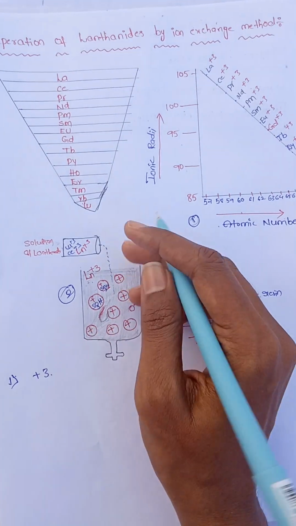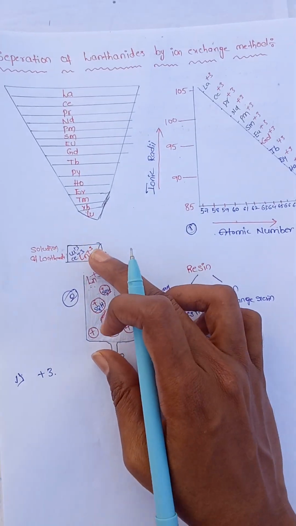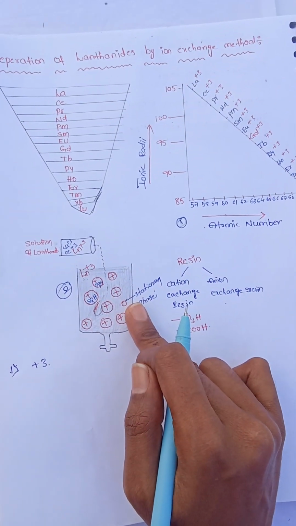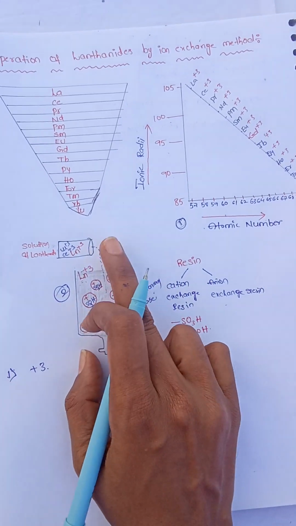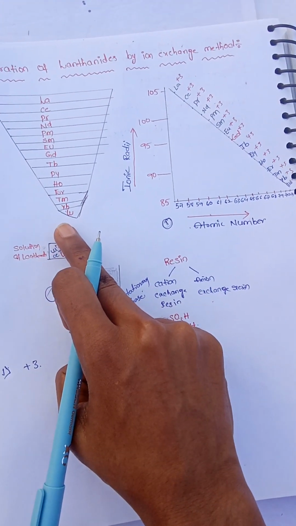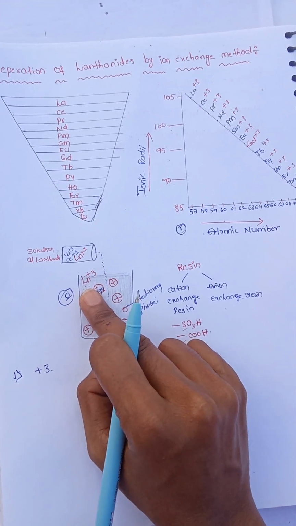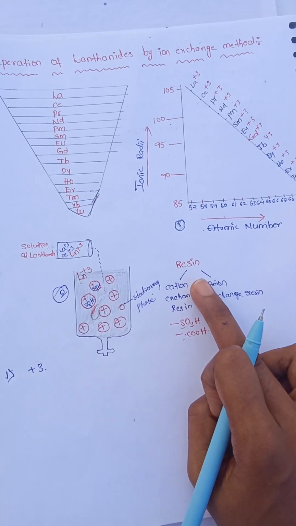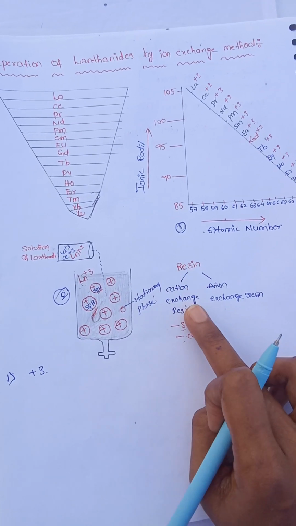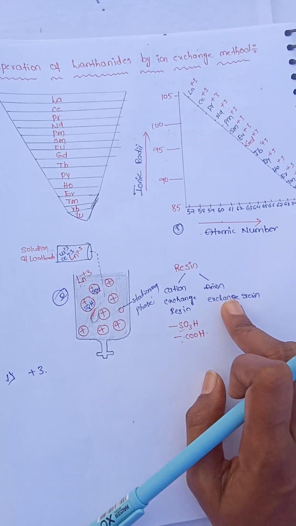When the lanthanides are poured into the stationary phase, the lanthanum plus 3 ions are absorbed into the resin. What is a resin? Resins are of two types, cation exchange resin and anion exchange resin.